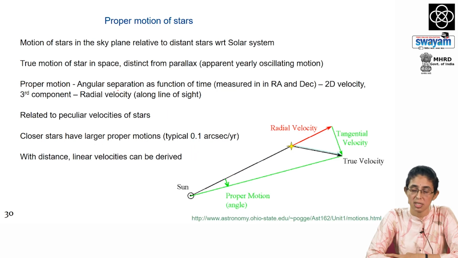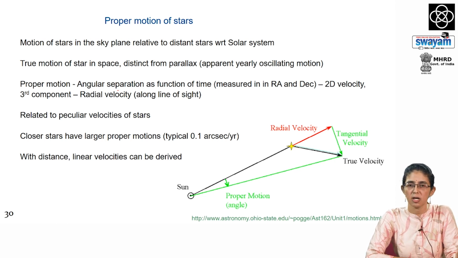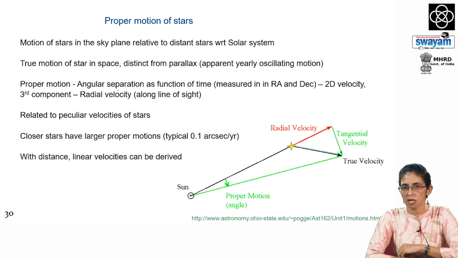And this parallax motion is an apparent motion. It is distinct from something known as the proper motion of the star, because proper motion relates to the actual motion of the star in space, whereas parallax is what is apparent because of the revolution of the earth around the sun.